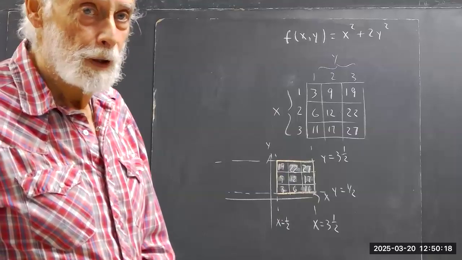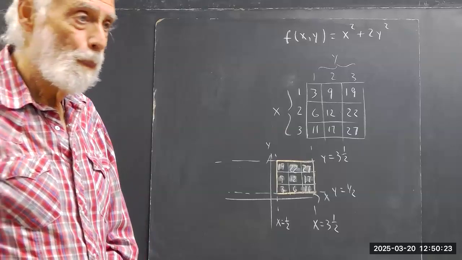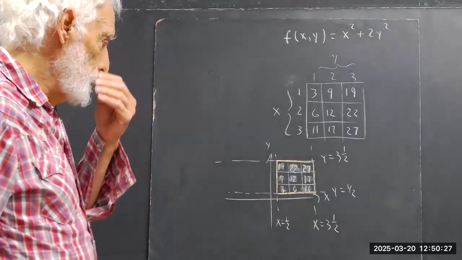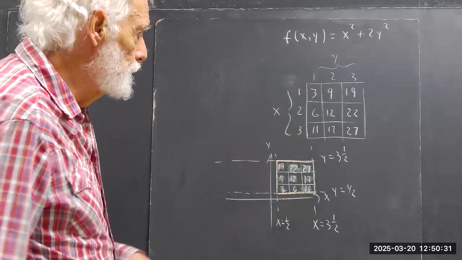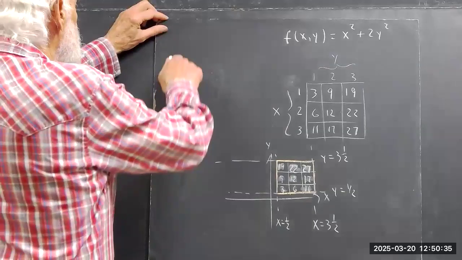Okay, now before we're done, we're going to calculate the average value in every square. But right now we want to get the average value on the entire 3x3 square.